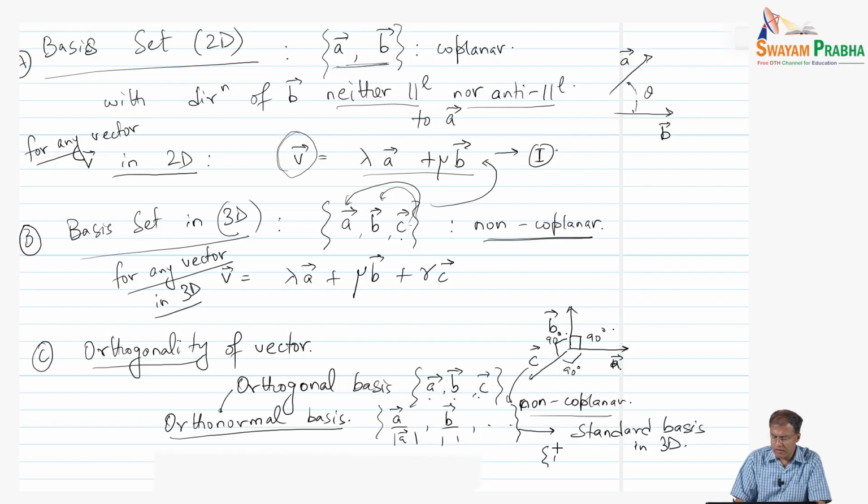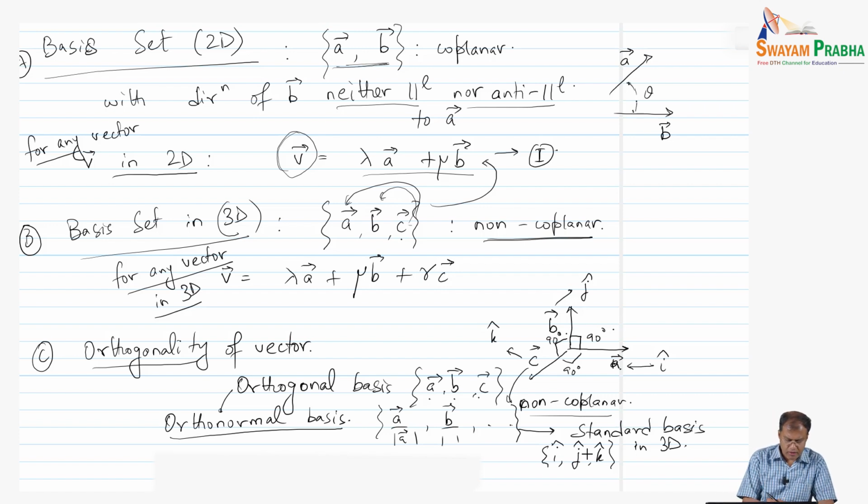Typically we denote this basis by i, j, k hat. You can say that my vector A has been reduced to i hat, B has been reduced to j hat, and C has been reduced to k hat. And i, j, k hat typically point along the 3 axes in 3 dimensions, and each is of magnitude 1, right?